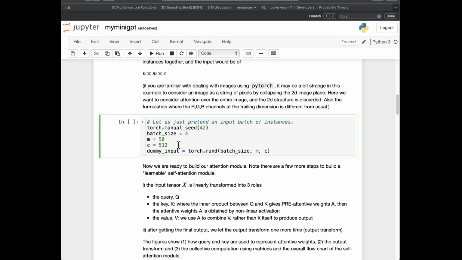To be patient, just consider now we have some number of tokens, and each token is represented as a 512 dimensional vector, which is pretty sufficient to represent very rich information for one token. For the sake of discussion, let's consider we have 50 tokens, and then we can get dummy input information. We use torch functionality for that.